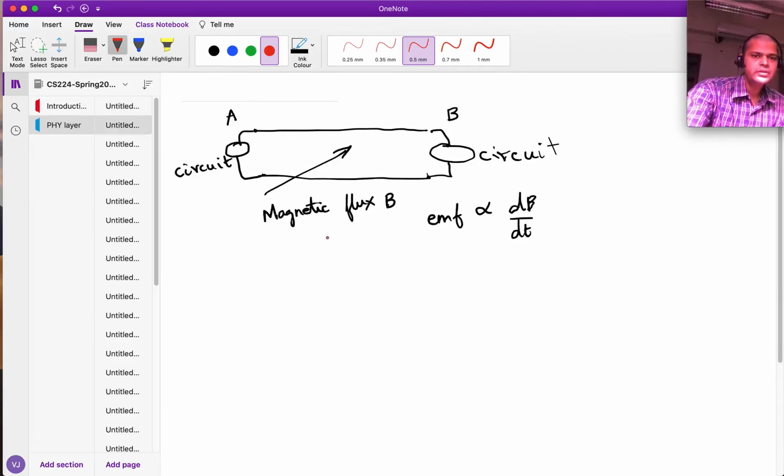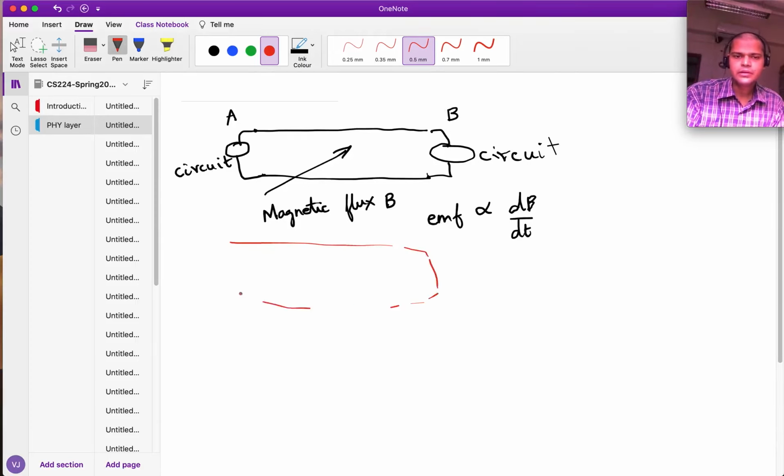So this is one issue to deal with, and you might think, where is this flux coming from? It may happen that there are lots of people communicating. You could have A communicating with B here, but maybe there is somebody else communicating over here, and he is varying his signal, so this loop is itself generating a flux.